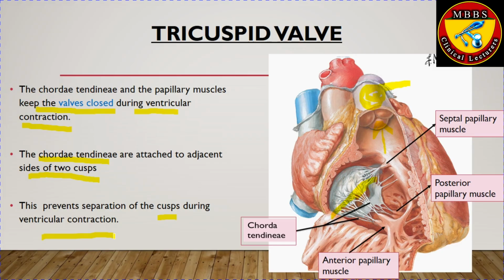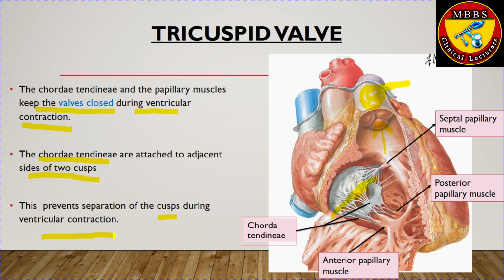These three cusps are attached to the fibrous ring, or you can say the fibrous skeleton of the heart. And these three cusps are united at the regions of the commissures. Every cusp is attached to the chorda tendineae, and the chorda tendineae arise from the papillary muscles.